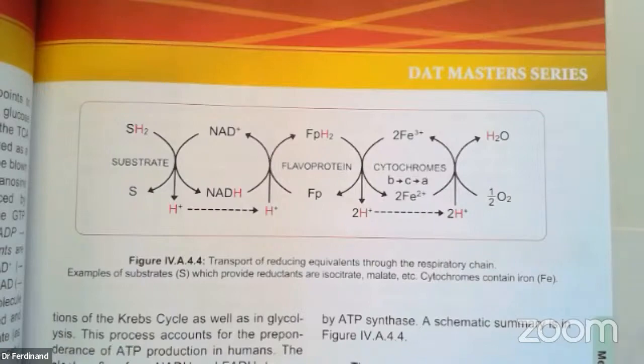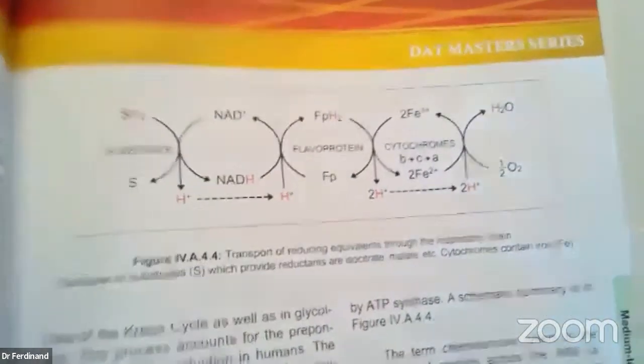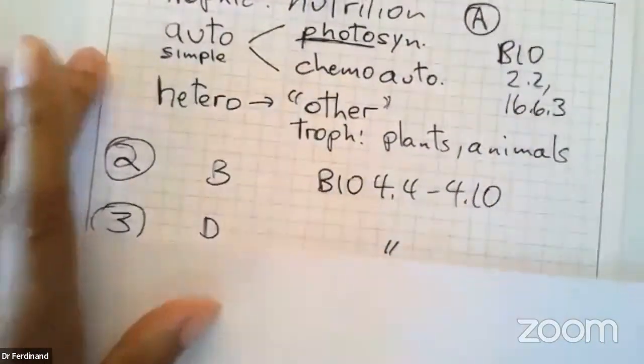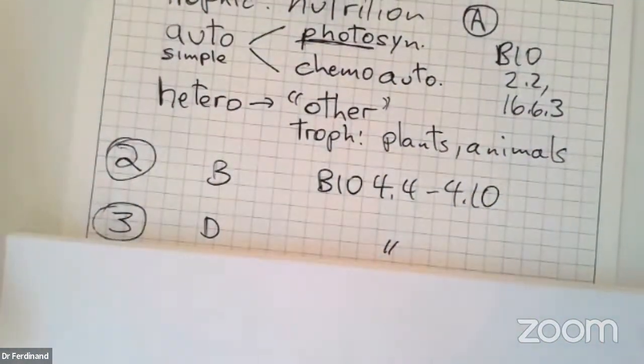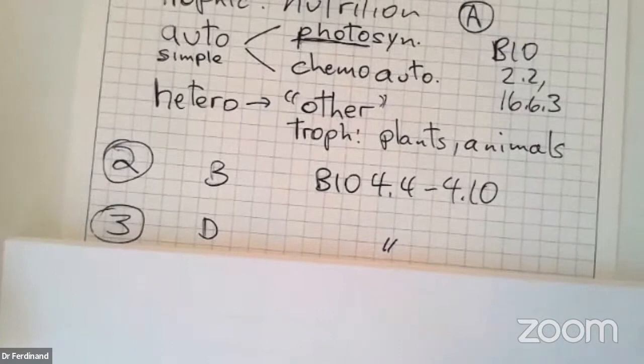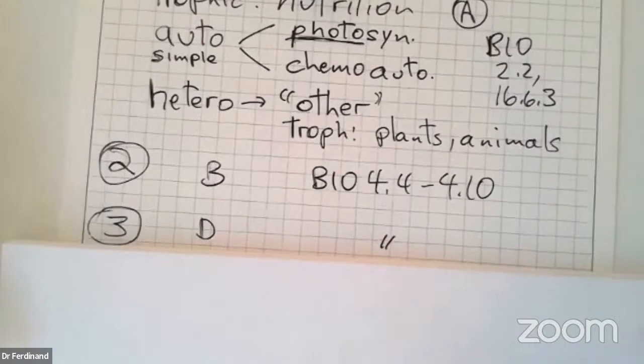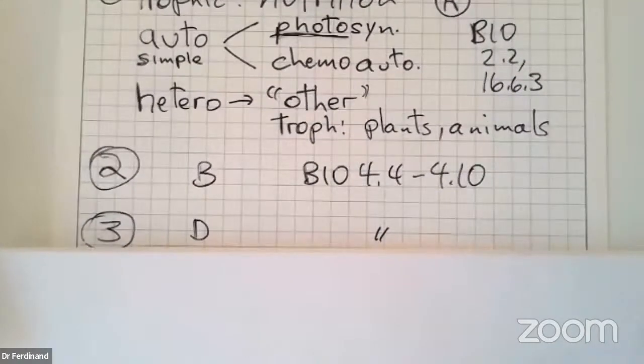So for question number 3, which asks, in respiration, what does oxygen do? We saw that oxygen acts as an acceptor for electrons and protons.